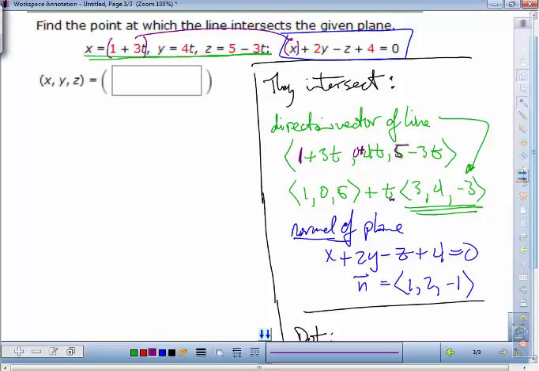Okay, so this is what's going to happen. You're going to take your line equation, and I'm going to save some spots for the variables.